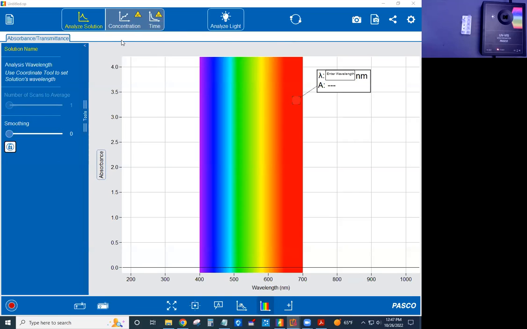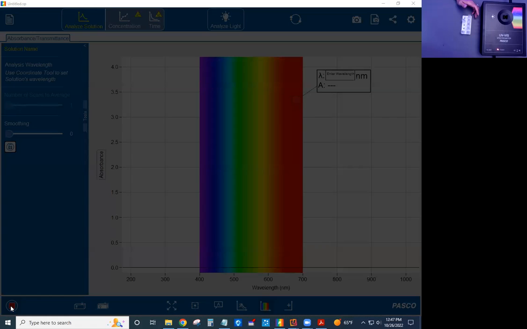When I've opened the spectrometer, it starts with Analyze Solution. It opens up to this tab automatically. And the first thing I need to do is calibrate. Let's say that I forget to calibrate and I just say, oh, I want to get started. I'm going to hit the record button and start recording.